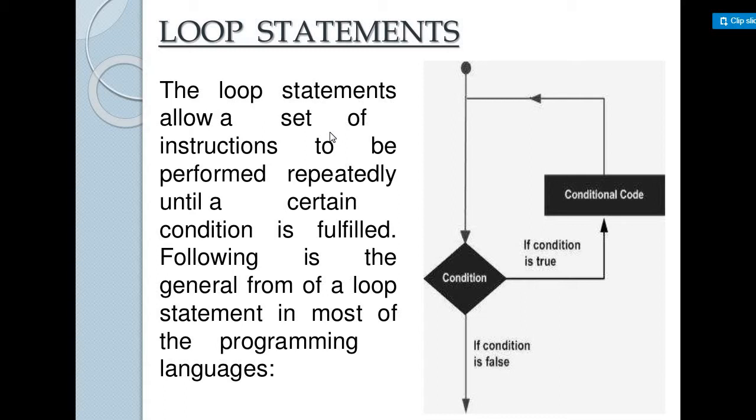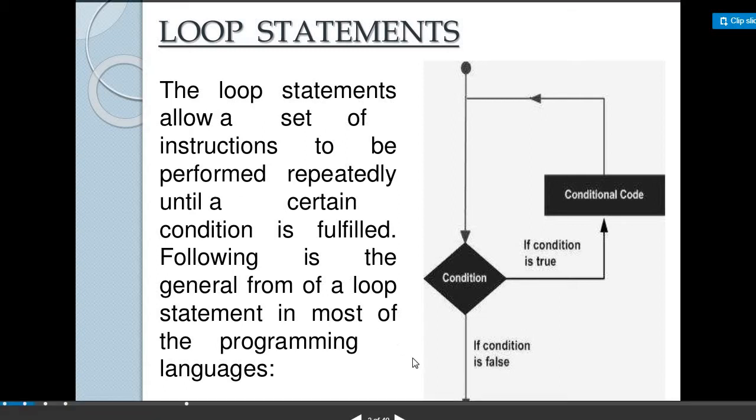Here, suppose this is the condition. This is nothing but an if else condition. Suppose if the condition is true, then the conditional code executes, and if false, then control goes to this part.